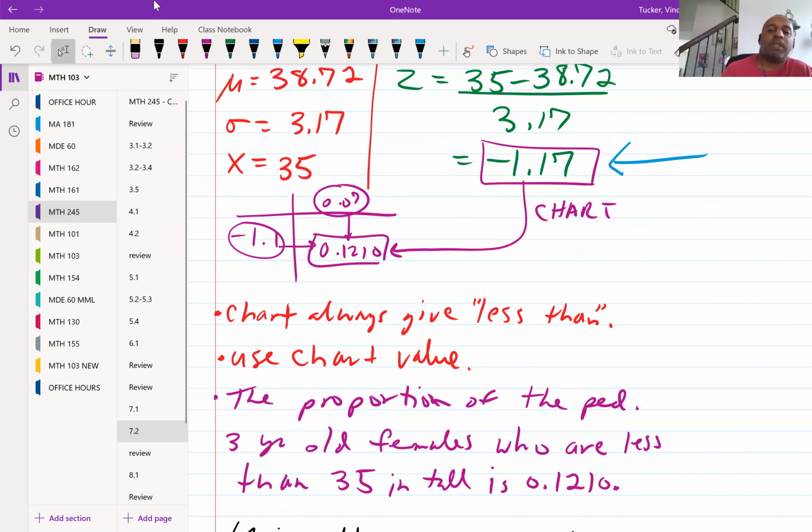So the proportion of the pediatrician's 3-year-old females who are less than 35 inches tall would be 0.1210. Or if you want to write it as a percentage, 12.1%. You know, it just depends. I believe in MathLab that 0.1210 is okay. But of course, MathLab will let you know what they want from you.